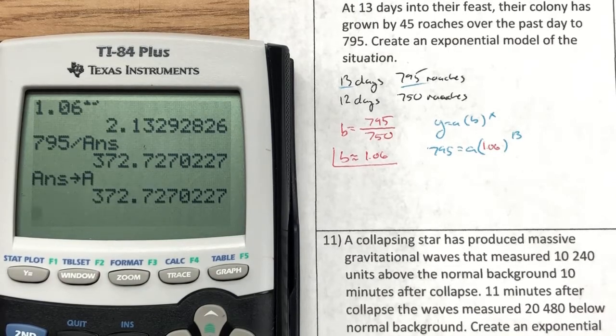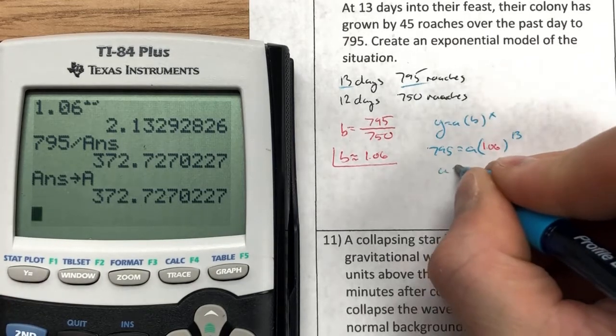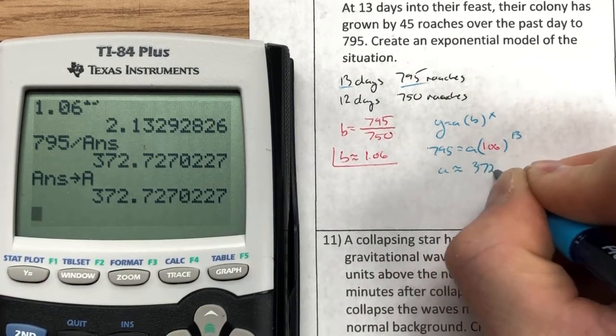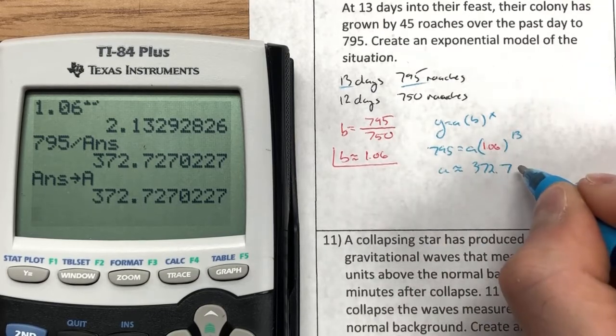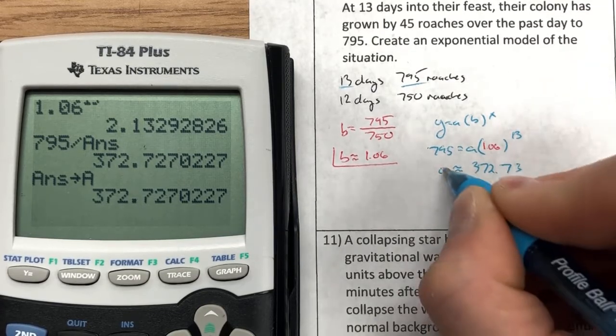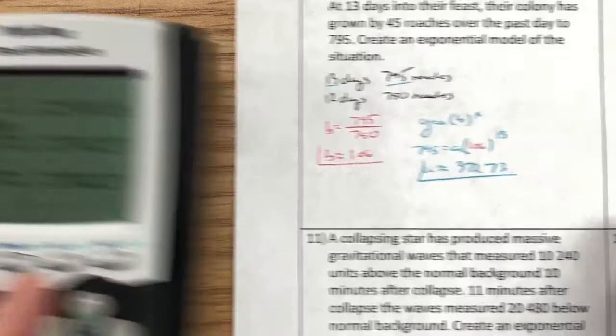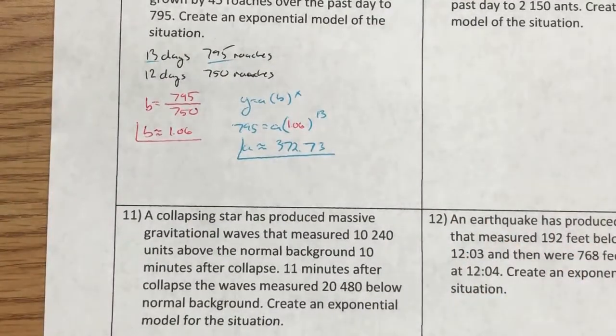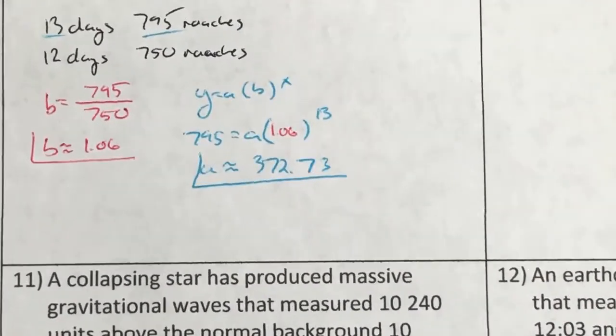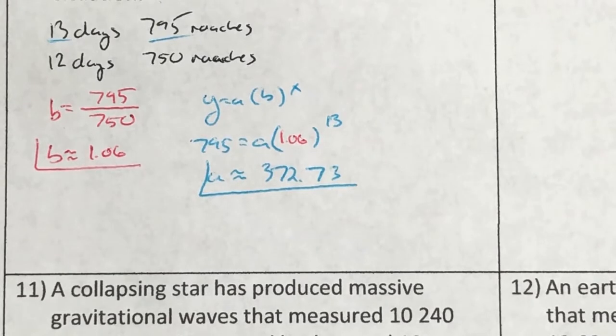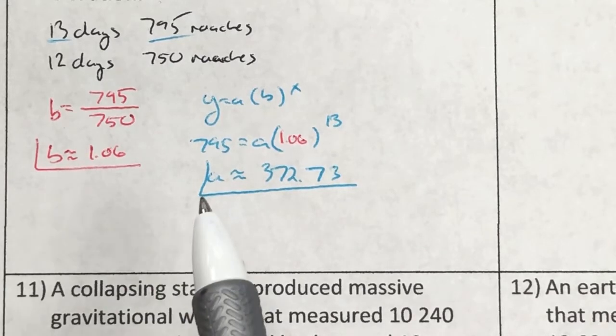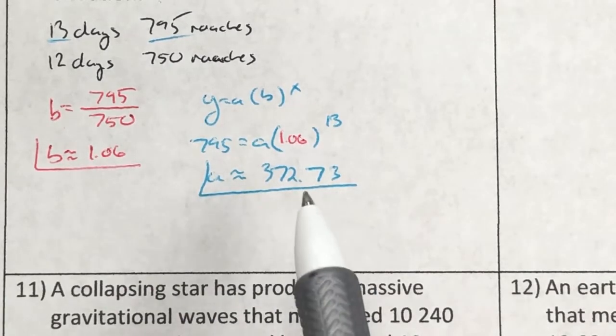I don't really need to right now, but I know A is roughly equal to 372.7. Okay. And now, actually, I misspoke. Because we're rounding this, we're starting with part of a cockroach, so we're going to have to make a judgment call here.